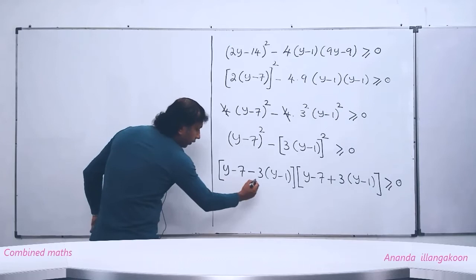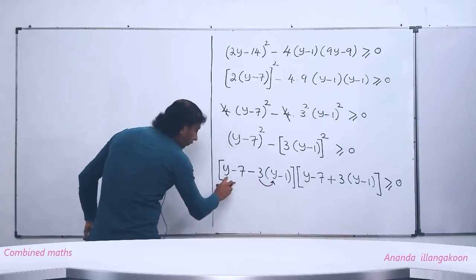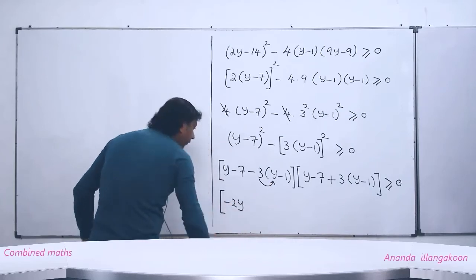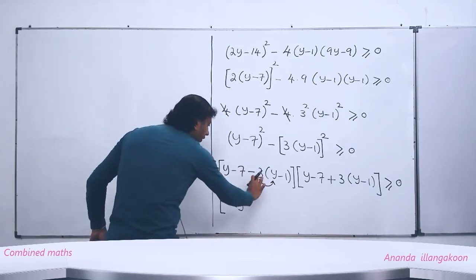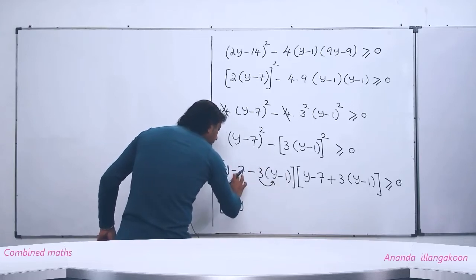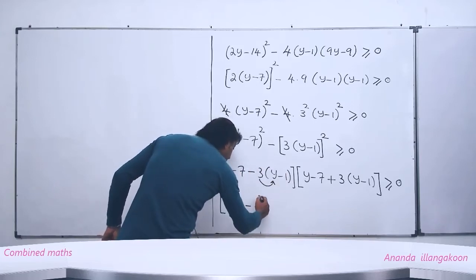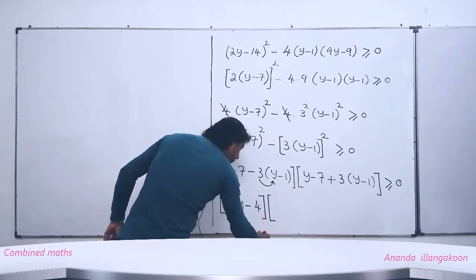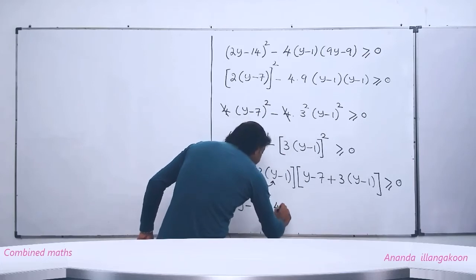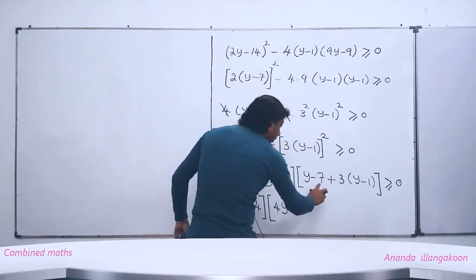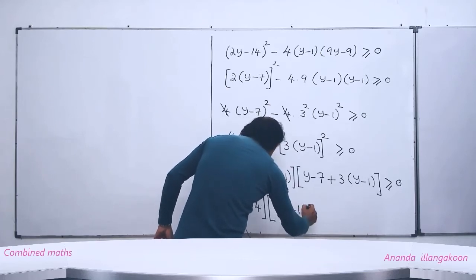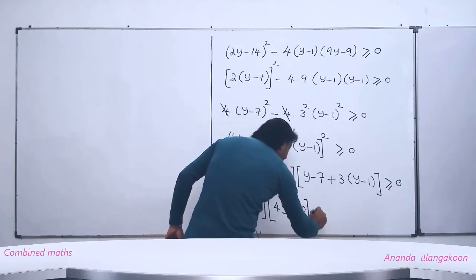Here we get minus 3y, here y, minus 2y coming. Here, minus 3 into minus 1, plus 3, minus 7, minus 4. Here 3y and this y, 4y. Minus 7, minus 3, minus 10, greater than or equal to 0.